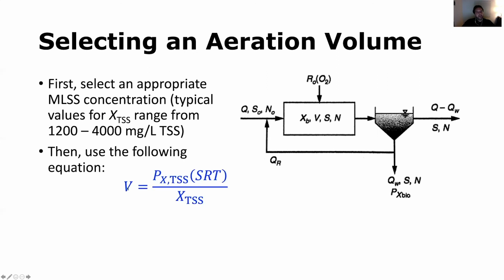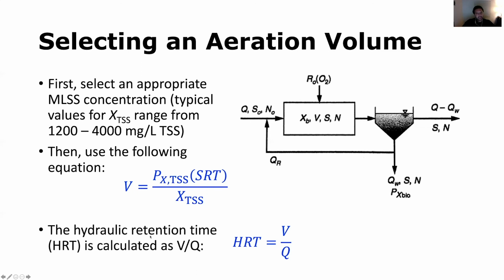Then we would use the following equation to calculate an estimated volume that we can use for our reactor, using this Px, which is the total suspended solids production rate, multiplied by our SRT value that we're using for design, divided by the TSS concentration in the reactor. And then we would calculate the hydraulic retention time, which of course is V over Q. And with that, we can specify some of the main parameters for our activated sludge system.